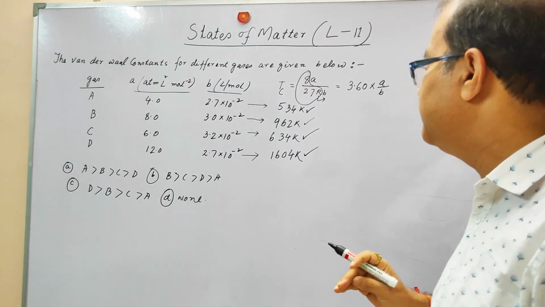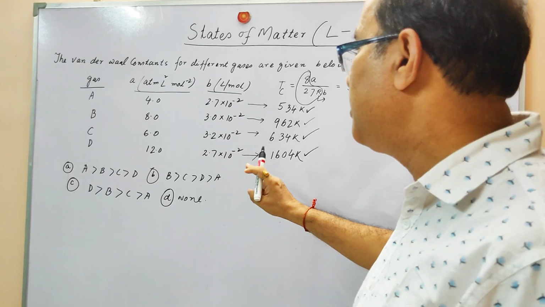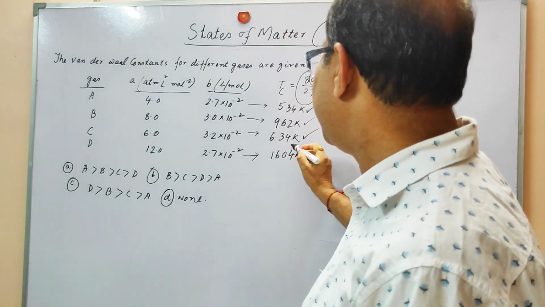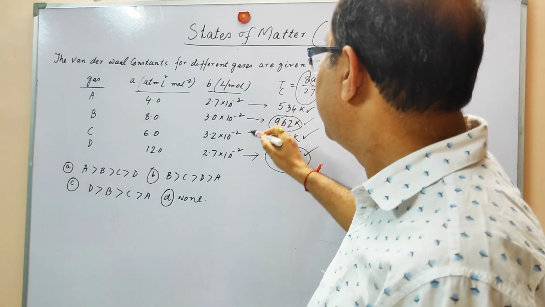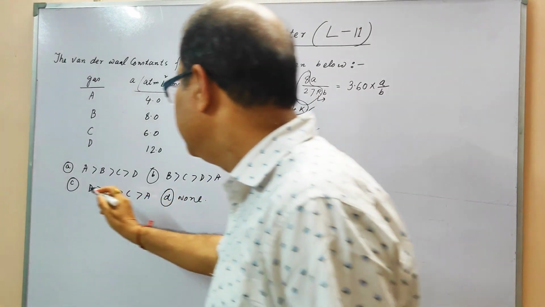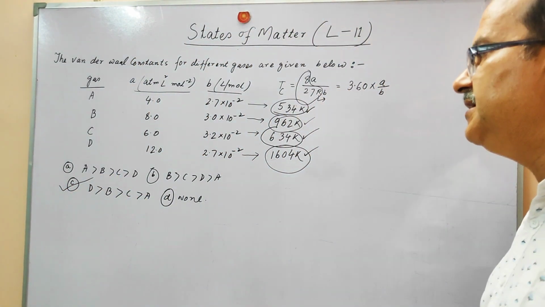You have to arrange it in decreasing order. So what will be the right answer? The right answer will be D, having the highest critical temperature, followed by B, followed by C, and followed by A. So this will be the right answer: D, B, C, and A.